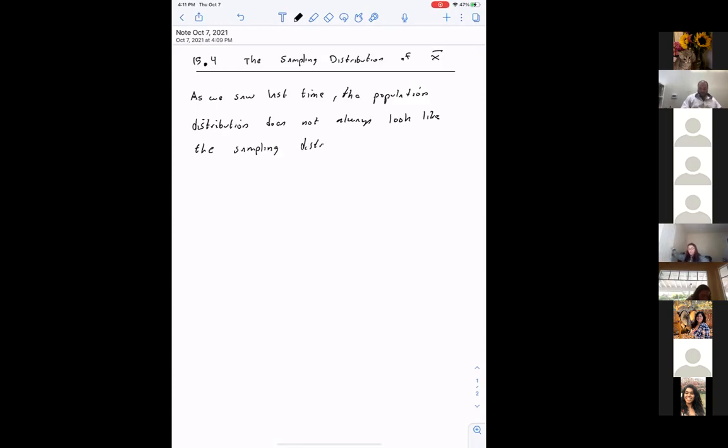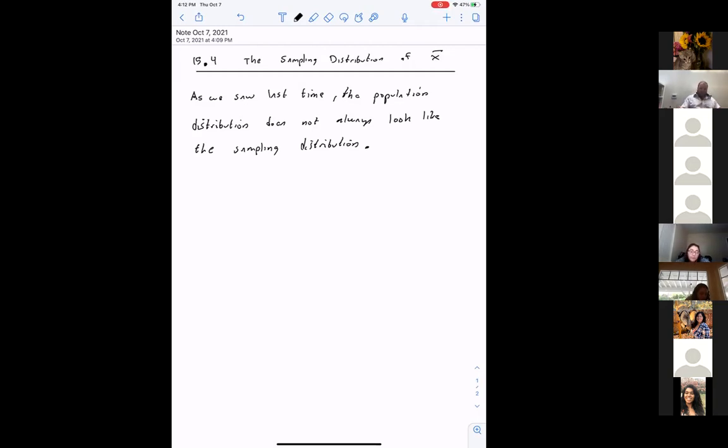I would make a distribution taking one at a time, which is your population distribution, and then taking 2 at a time, or 3, or 4, or 5. And we saw that as the number went up, the shape changed. We also noticed what the shape became as n got larger and larger, and we're going to do that today. But the key point from last time is that the population distribution does not always look like the sampling distribution.